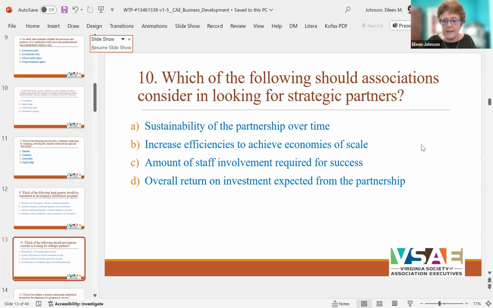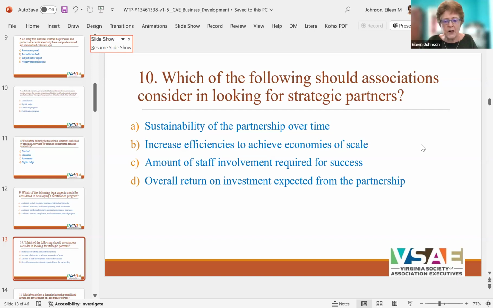Sometimes your first year or so with a strategic partner might be a loss leader in terms of staff time, because there's all that dating before you bring them on board and start negotiating the contract. And then you've got to work out who talks to who, logo approvals. There's a lot of staff time involved in the initial part of a strategic partner relationship.